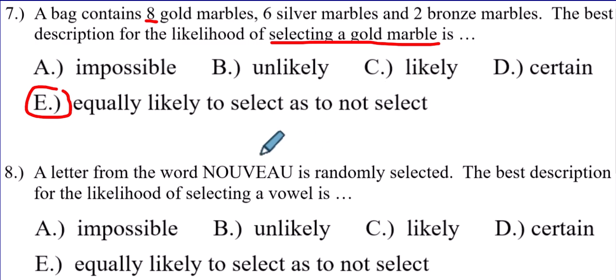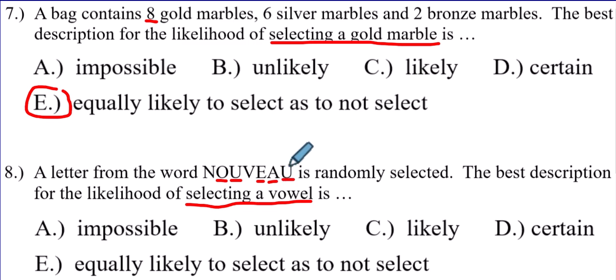Problem number 8. A letter from the word nouveau is randomly selected. The best description for the likelihood of selecting a vowel is, well, let's count how many letters we have. 1, 2, 3, 4, 5, 6, 7 letters total. So an odd number. And we got 1, 2, 3, 4, 5 vowels.